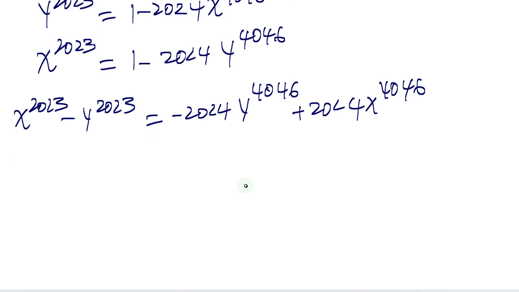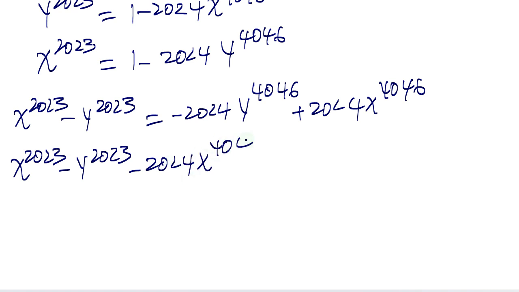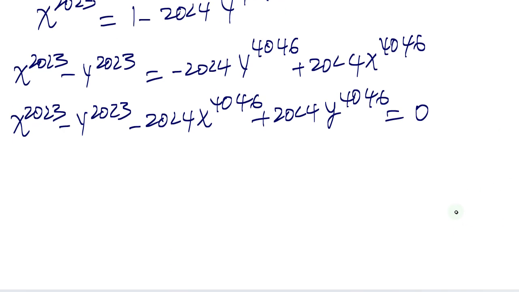And then I'm going to bring everything to the left side of the equation, and this equals 0. We're going to factor out something here.